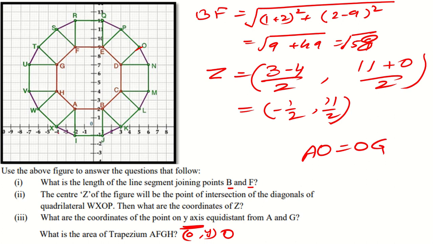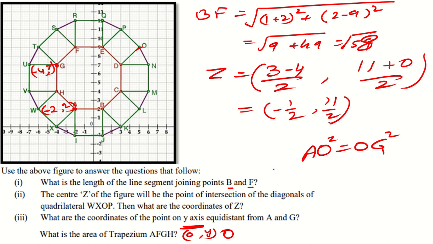Now what is the coordinate of A? Where is A? This one. So this is (-2, 2). This is the coordinate of A, and where is G? There. This coordinate is (-4, 7). And the coordinate of O I have taken as (0, y). Now just apply the distance formula with the squares, so there is no need to write the square root sign.